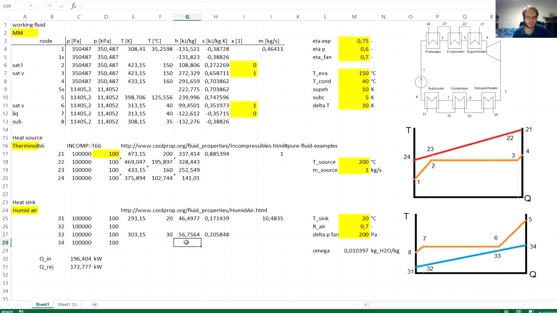So the enthalpy at point 34 would be the enthalpy, for example, at 31 plus now the all rejected heat divided by the mass flow rate, and for the point 32, it's point 31 plus now the transferred heat between 31 and 32, which is MORC times enthalpy difference between 7 and 8.